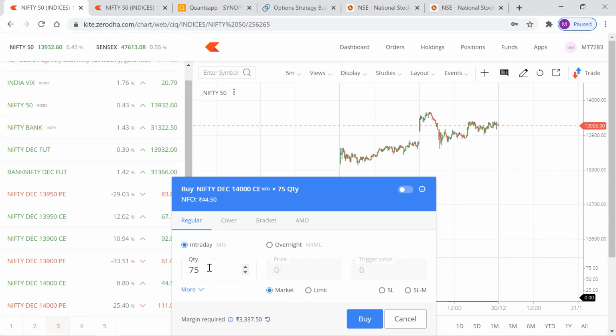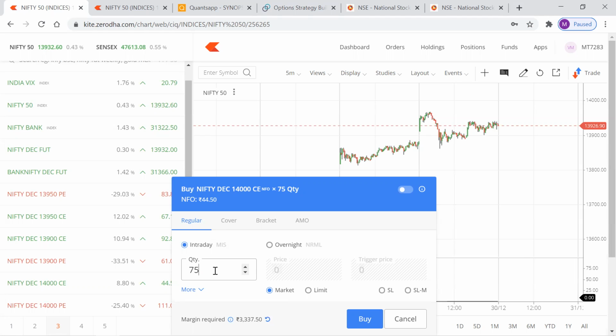3,337 rupees required, because I already explained to you that option contracts are standardized. While buying or selling option contracts and future contracts, we only deal in standardized quantities. You won't get loose quantities. Here you need to buy 75 quantities or multiples of 75.